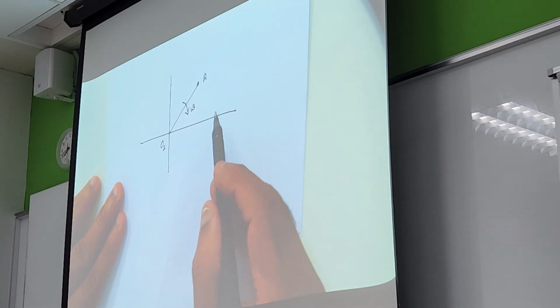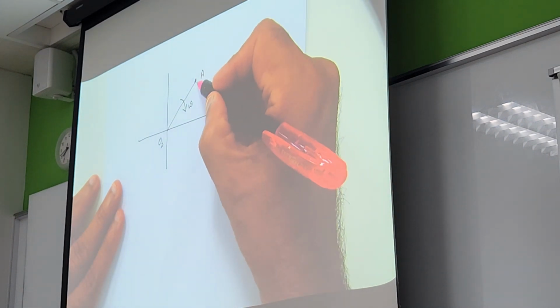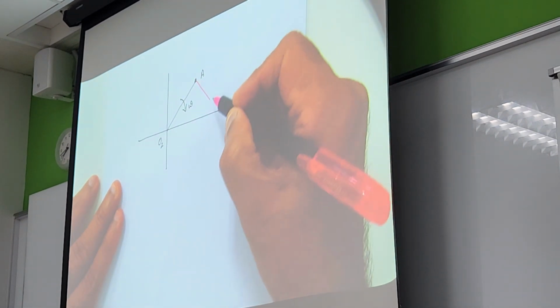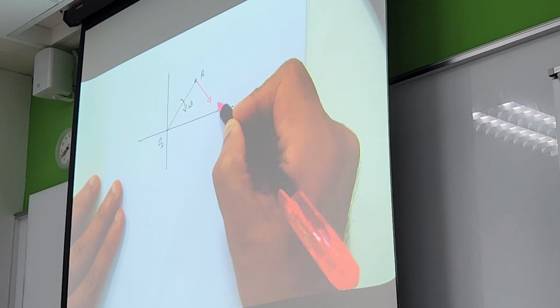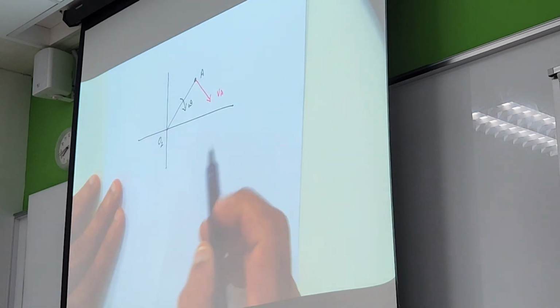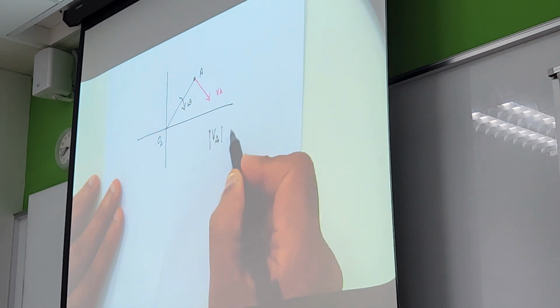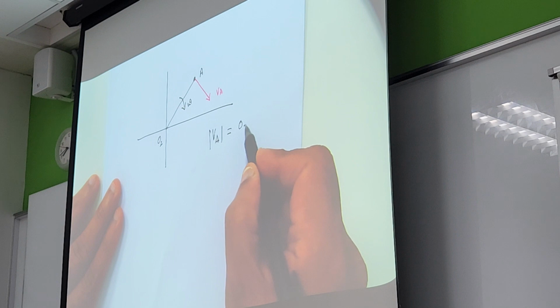So we can write the magnitude and direction of the velocity vector. Now we can write velocity of A, magnitude is equal to O2A.